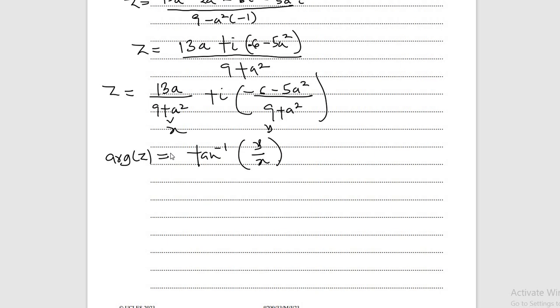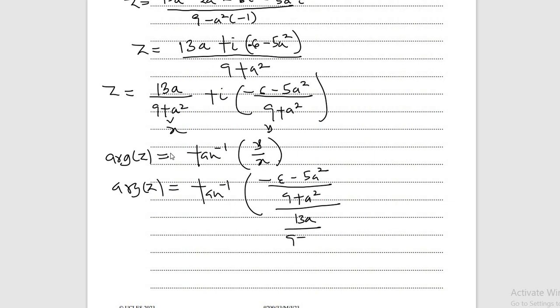So in this case, the argument of z is arctan. Our y is minus 6 minus 5a squared. The y is the imaginary part. The x is the real part that has no i, 13a over 9 plus a squared. Close the bracket. So this cancels this.